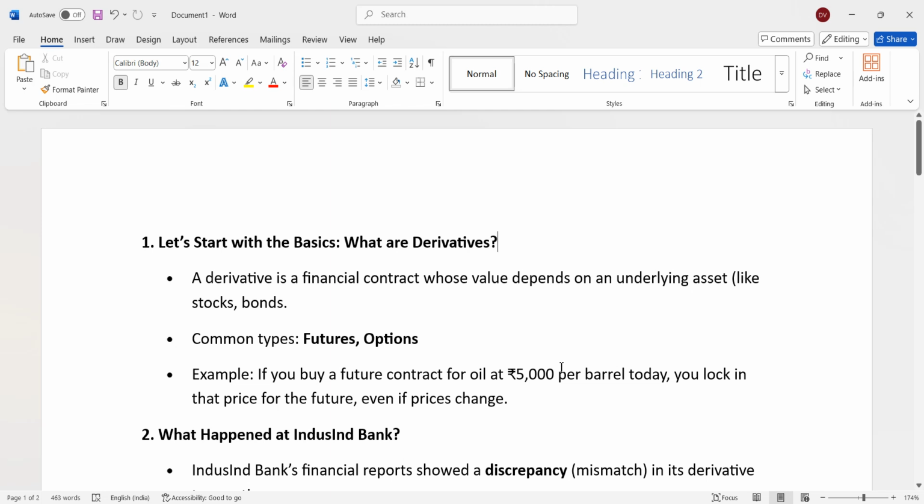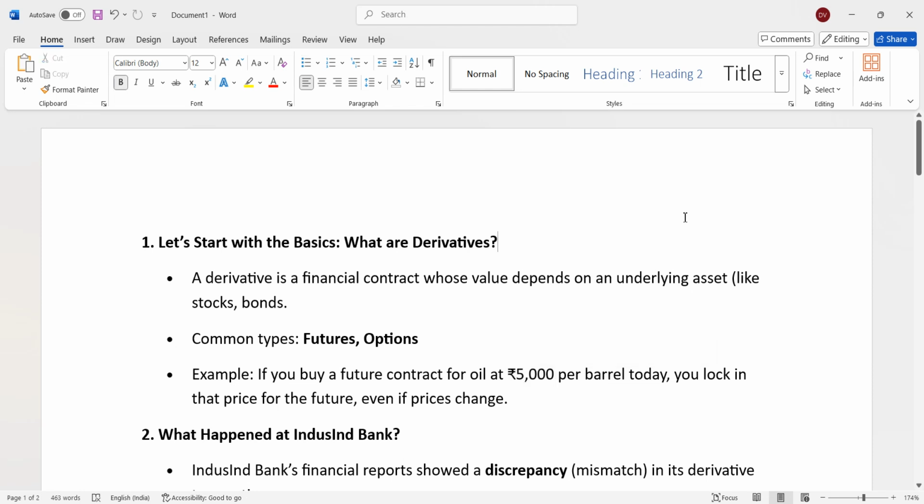You pay some amount for the futures, because in future it is going to move up, this is your perception. You pay a small amount to lock in that big money. If you wanted to purchase that same stock, it would cost 1 lakh rupees. You can't bear that 1 lakh rupees, so you are locking 1 lakh rupees worth of shares for just 5000 rupees. This is a simple analogy for futures trading.